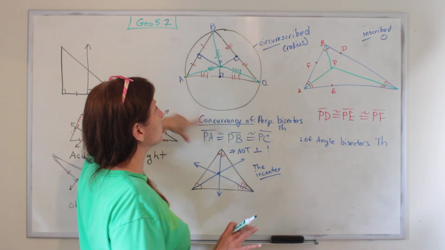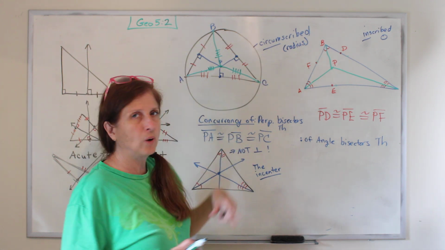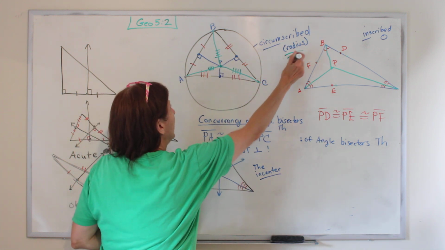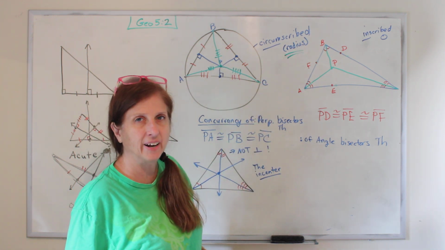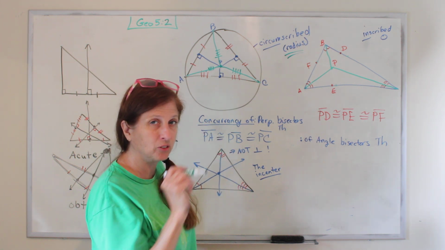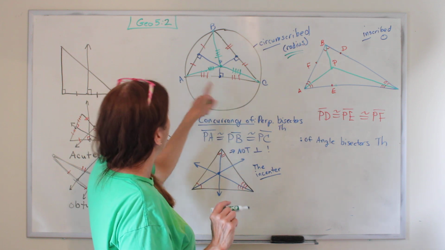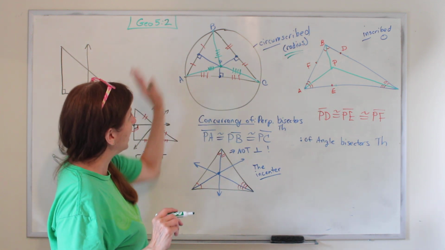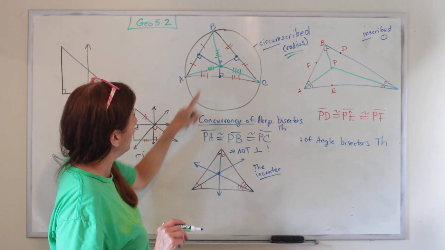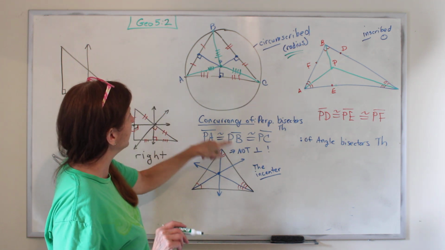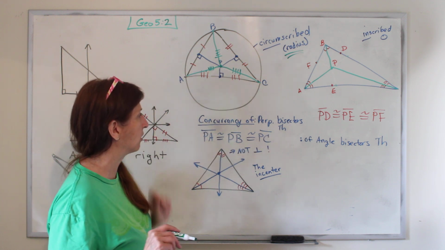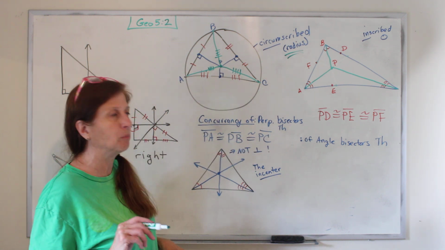The circle is circumscribed around the triangle. And these lines we just made are radii. You don't say radiuses. That would be bad grammar and sound country, especially if you say it with my Georgia accent. Okay, so that's what this is. And so in our picture, PA is equal to PB, which is equal to PC. That is our concurrency of perpendicular bisectors theorem.